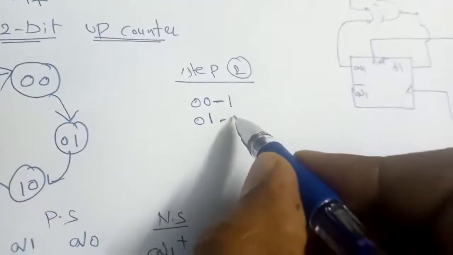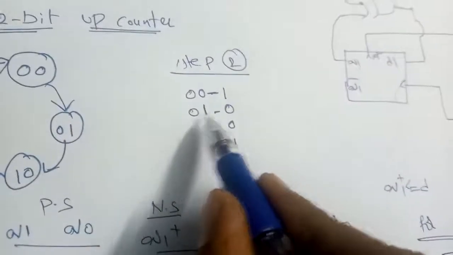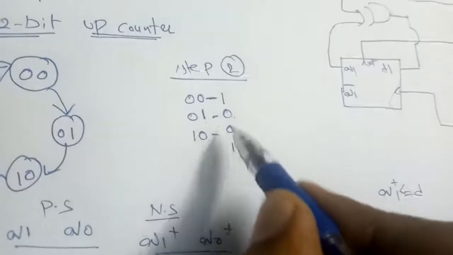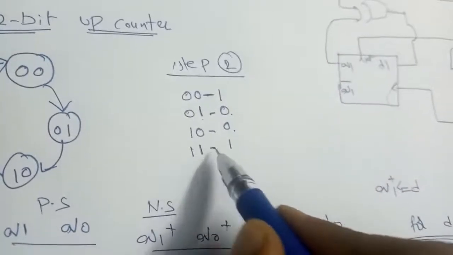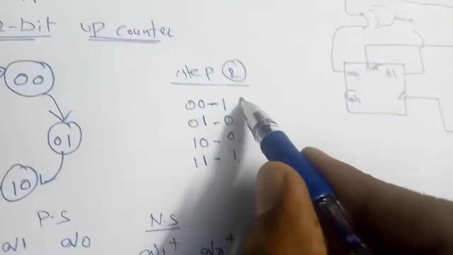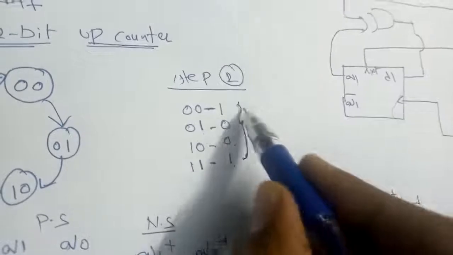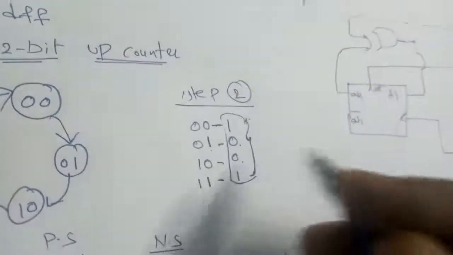The sequence given is 1001. So if the count is 01, the output is 0. If the count is 10, the output is 0. If the count is 11, the output is 1. This is the sequence order specified in the question.